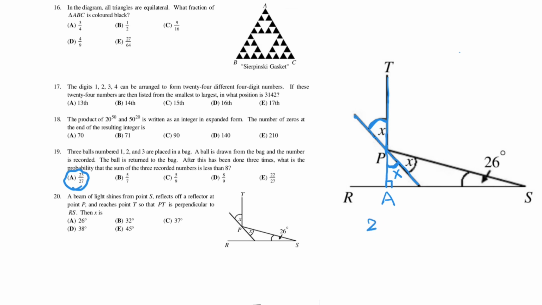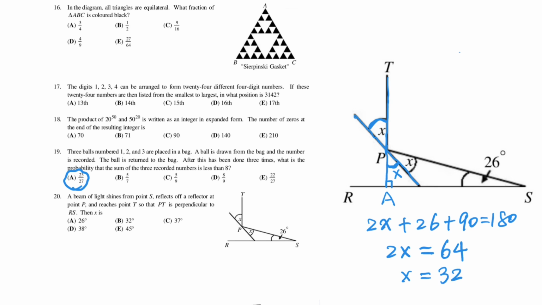So 2x plus 26 plus the right angle 90 equals 180. 2x equals 90 minus 26, that's 64. Isolate x, so x equals 64 divided by 2, that's 32. So the answer is B.